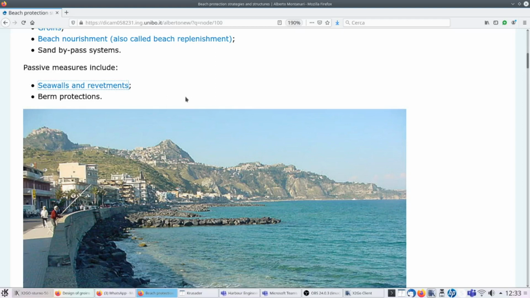It may be protected by revetments that are placed with a sub-horizontal, almost horizontal placement, and revetments in the form of gravel, or tetrapods. So these berm protections are another, if you want, more environmentally friendly way of building a barrier against erosion of the beach. We will talk a little bit about berm protections later.